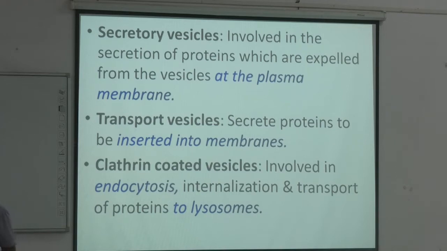Okay, so in the endoplasmic reticulum, protein enters inside the endoplasmic reticulum. After that, it will go for modification to the Golgi apparatus. Understand? After modification in the Golgi apparatus, it will enter the target organ through some carrier vesicles. What are the carrier vesicles? These are the carrier vesicles: secretory vesicles, transport vesicles and clathrin coated vesicles.